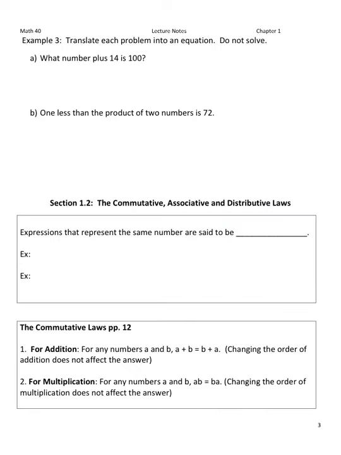Now, when we translate a problem to an equation, we first translate phrases to algebraic expressions, and then the entire statement to an equation containing those expressions. So let's take a look at some examples. 8. What number plus 14 is 100? We're going to let x represent the unknown number.